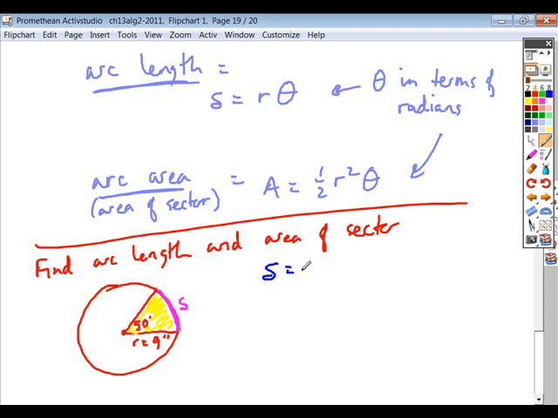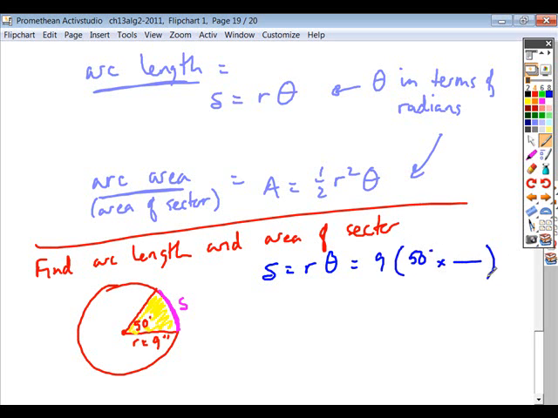All right, so in finding this, arc length is equal to the radius times the angle measure in terms of radians. So your radius is 9. Your angle is 50. But we want to convert out of degrees and into radians.